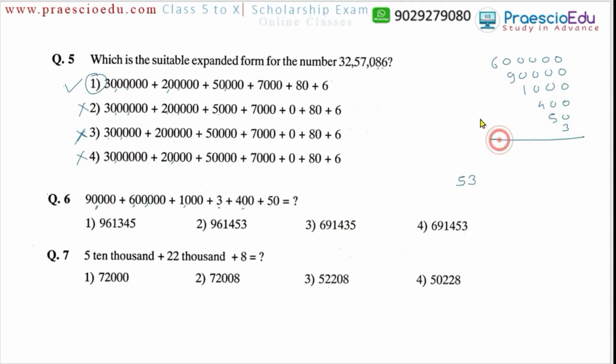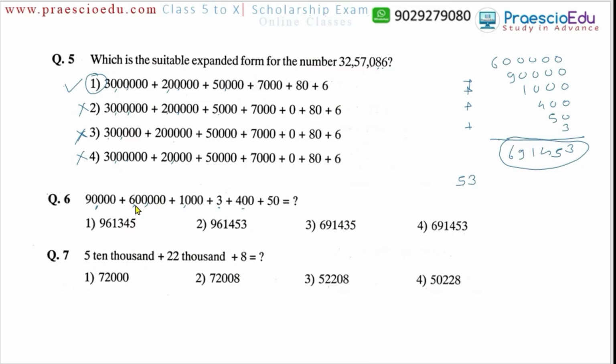Like this we have to arrange and add. So here 3, then 5, then 4, then 1, 9, and 6. This is a method to find the number, or we can find it orally.